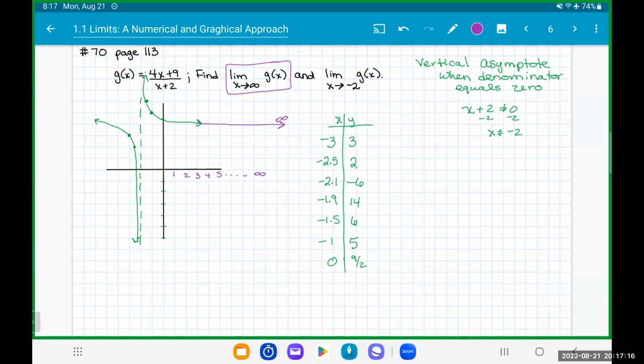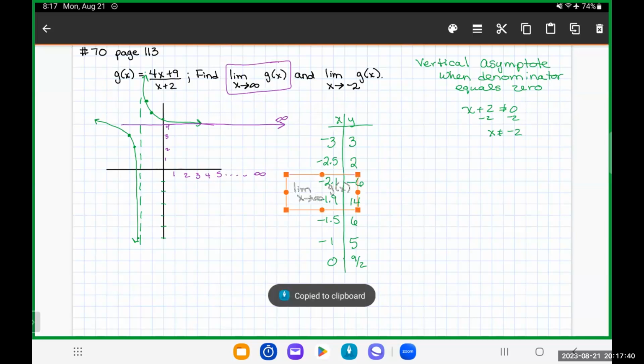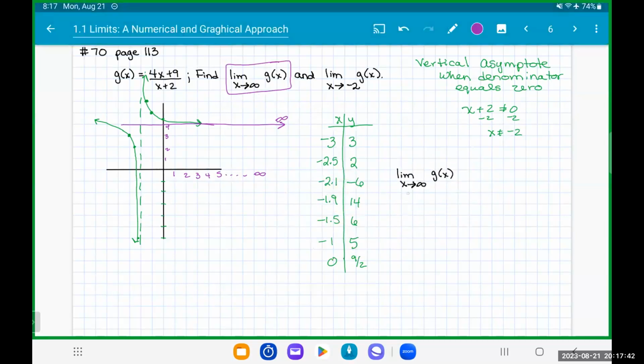So as our input x gets larger and larger, our output gets closer and closer to this line right here. And that line is at 1, 2, 3, y equal to 4. So when we're looking at the limit as x approaches infinity, our y value gets really close to 4.